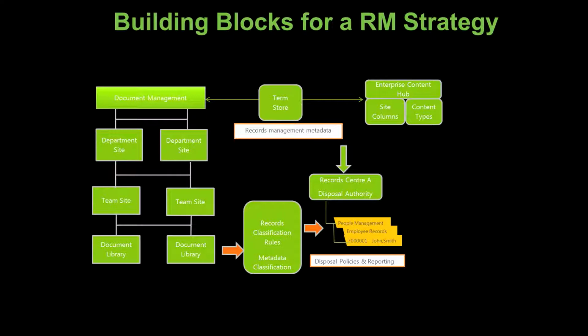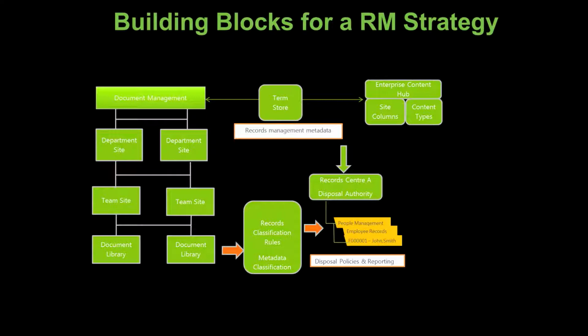So the process works as such: a piece of information is created in our document management space or document management work area. An information policy or a business rule is run on that information on a timely basis, and depending on the type of information it is then interpreted by the classification rules engine and assigned to a particular area of our organizational file plan.